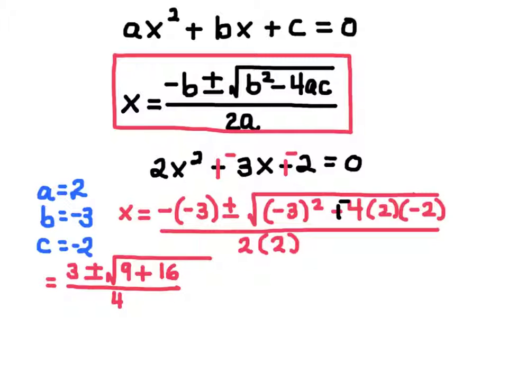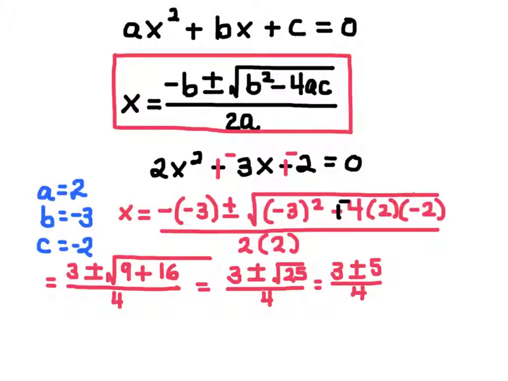So let's keep this going. This becomes 3 plus or minus the square root of 25, over 4, which is equal to 3 plus or minus 5 over 4. Now these are our values for x. Now we have to do a split.